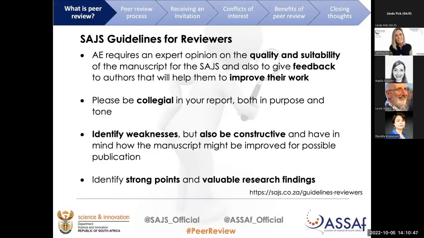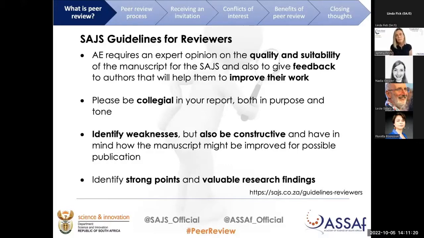There are other guidelines here, which I won't go into too much detail because I don't want to steal too much thunder from the presentation still to come. But some other guidelines which I thought were worth highlighting from SAJS were to always be collegial in a peer review report. So to keep things positive and not to overly criticize or include any offensive remarks, for example.